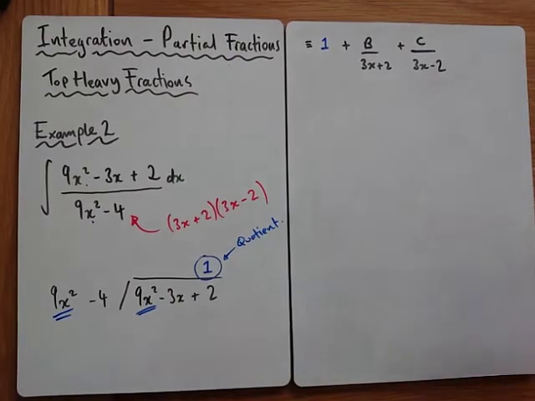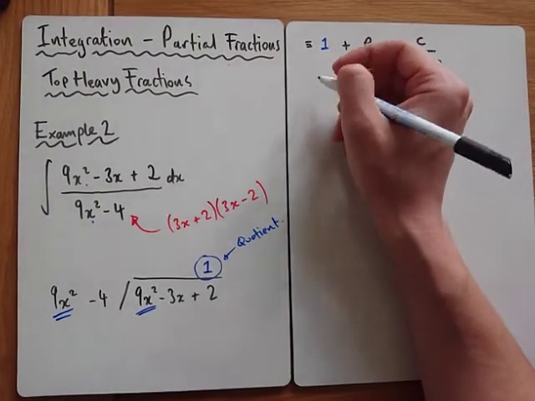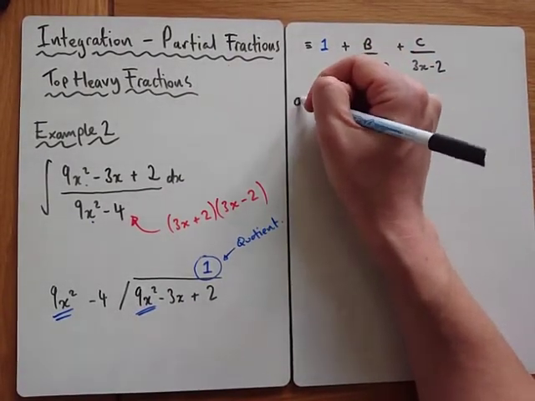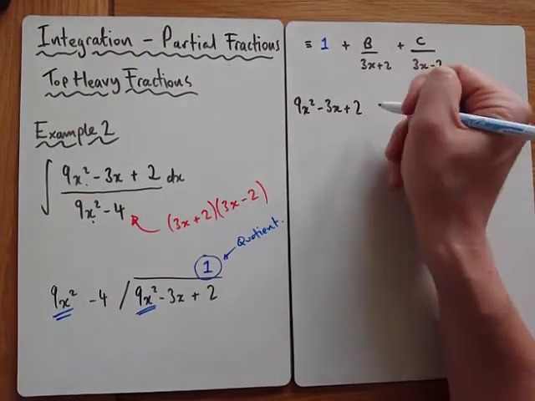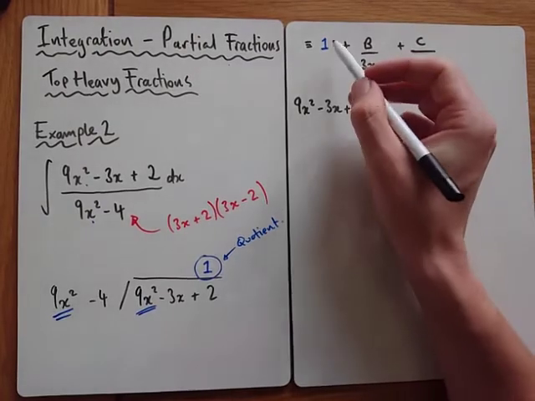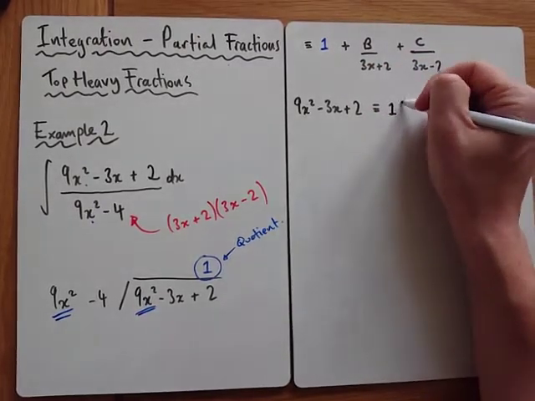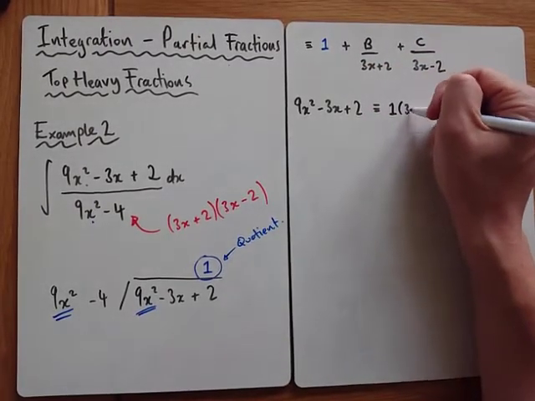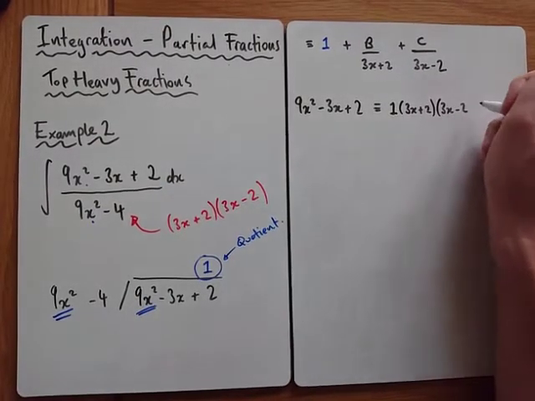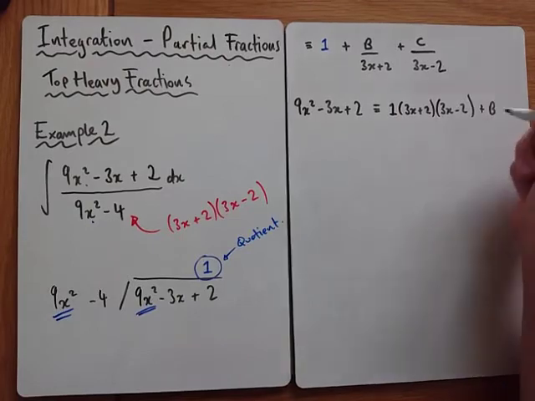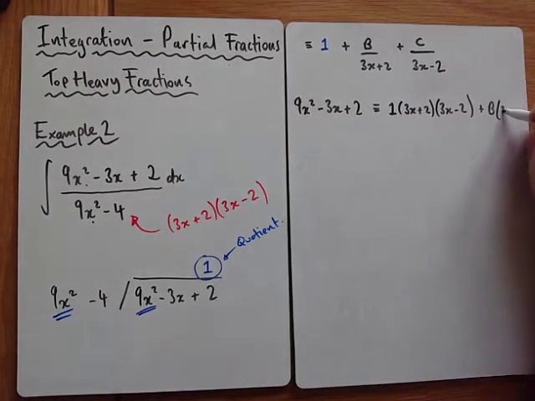Okay, so now we need to do the partial fractions, and we're going to compare the left hand side, 9x squared minus 3x plus 2. I'm going to skip that step because we've done it a few times. So 1 would be multiplied by 3x plus 2 and 3x minus 2. B would be multiplied by 3x minus 2.